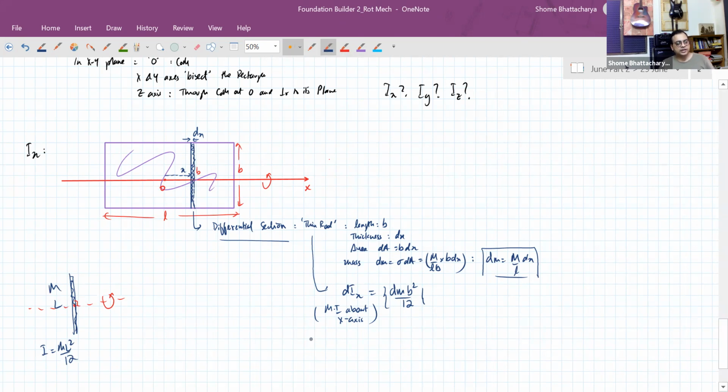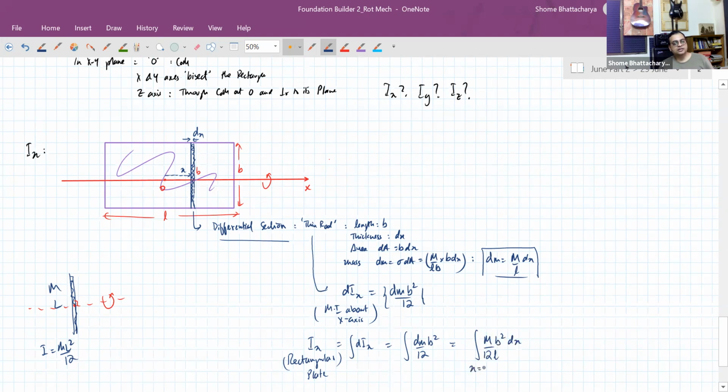So moment of inertia of the entire plate, for the rectangular plate, will come by integrating all the rods. Now you notice that we did not even substitute dm, because b square by 12 is common for all of them. However, we can do that. We'll write this as m by 12l into b squared dx.